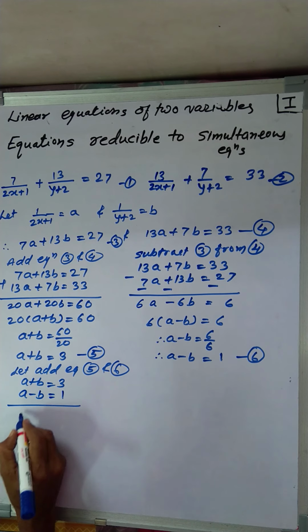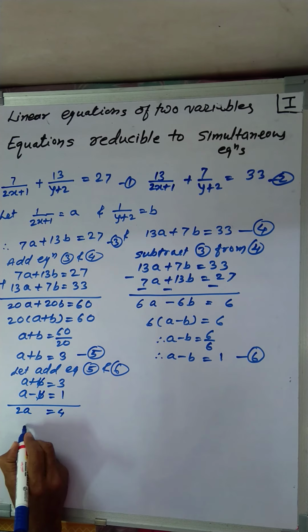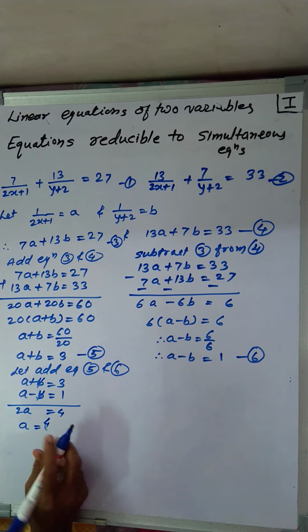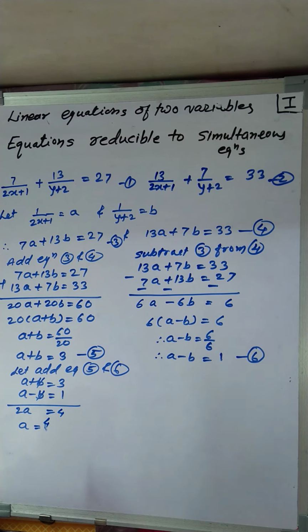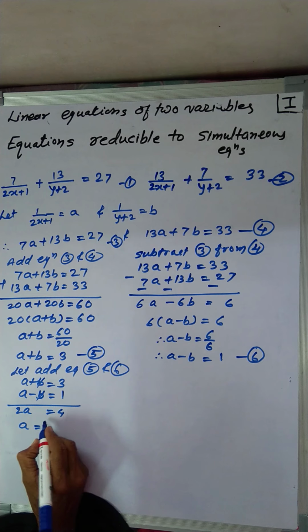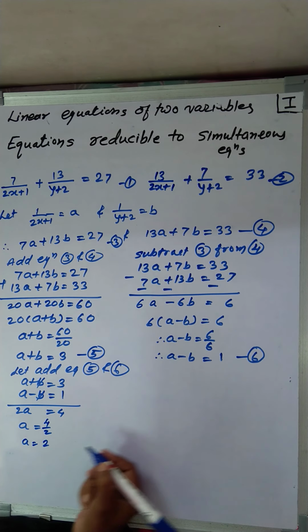Plus b minus b get cancelled, hence 2a is equal to 4, hence a is equal to 4 upon 2. Therefore a is equal to 2.